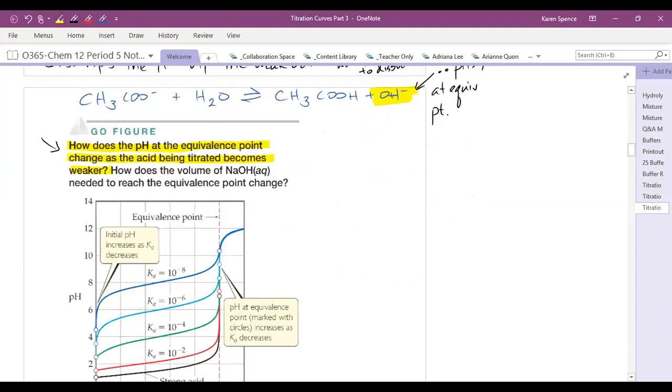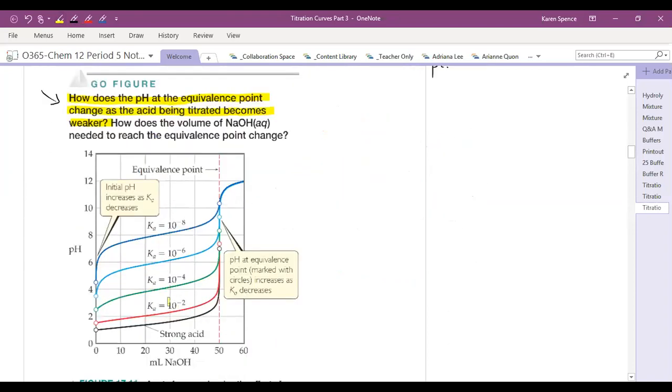Well, we can look at these curves here and we can say we go from 10 to the negative 2 as our Ka, that's a fairly strong weak acid, all the way down to a Ka of 10 to the negative 8. And you'll notice that the pH at the equivalence point gets higher and higher as the acid gets weaker and weaker.